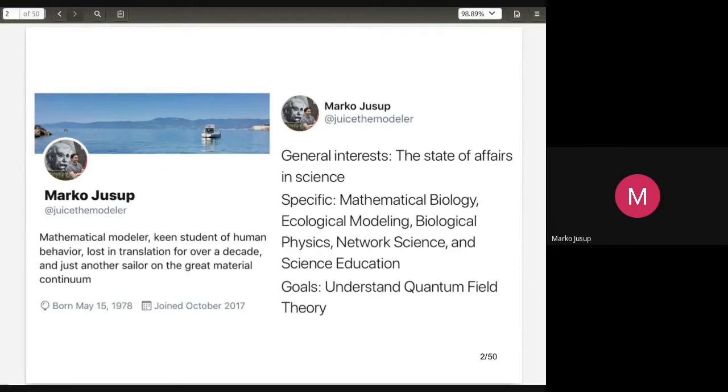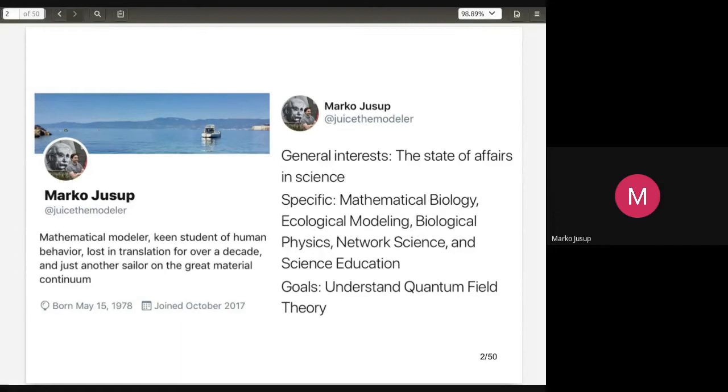That progression seems maybe a bit strange at first, but there was a natural progression from ecological modeling towards mathematical biology. And in mathematical biology, the evolution of human cooperation is a big topic.